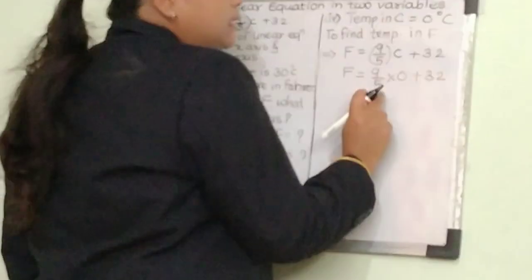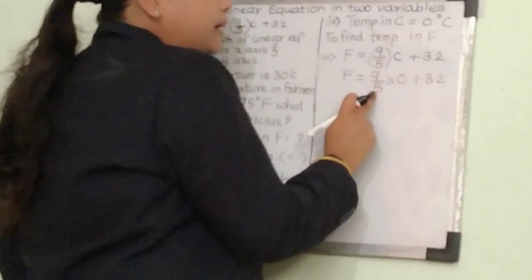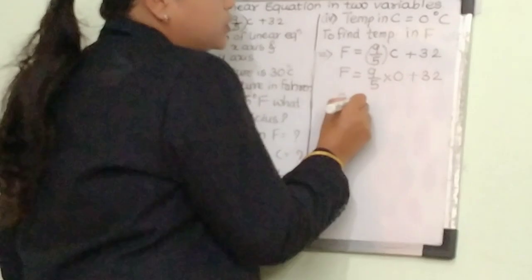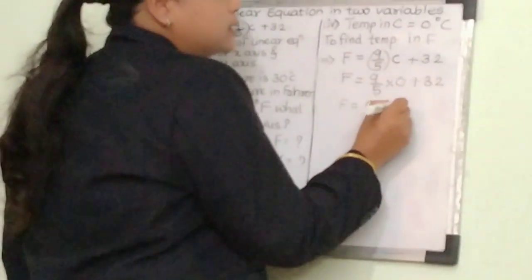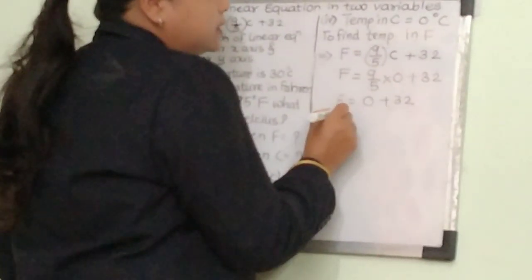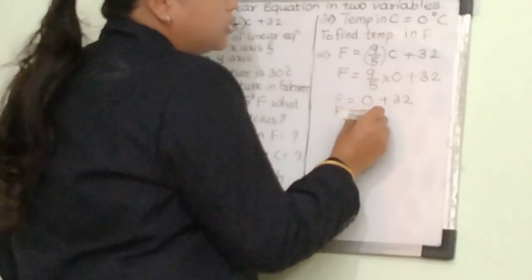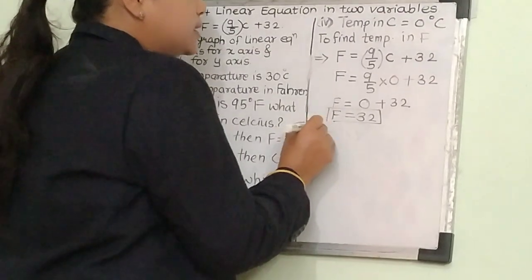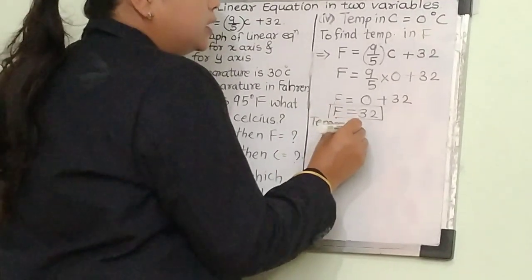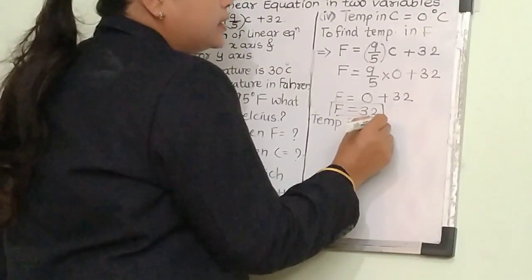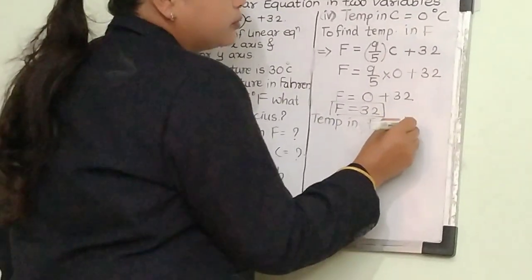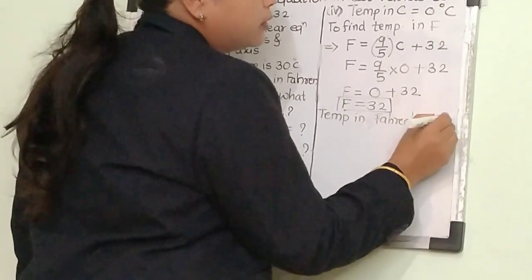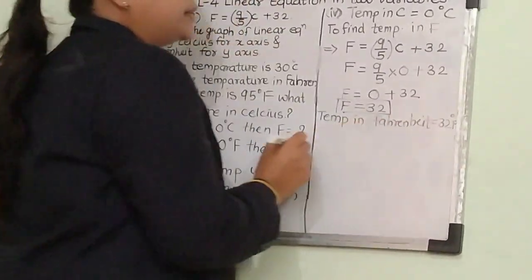Now see here, any number multiplied with 0, it becomes 0. So F equals 0 plus 32, that is we get F equals 32. So the temperature in Fahrenheit is equal to 32 degree Fahrenheit.